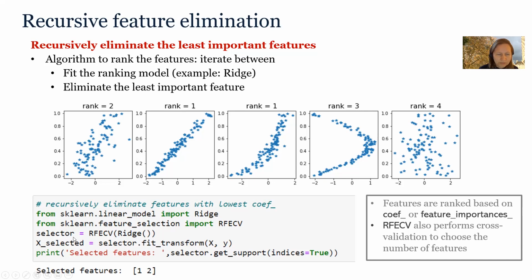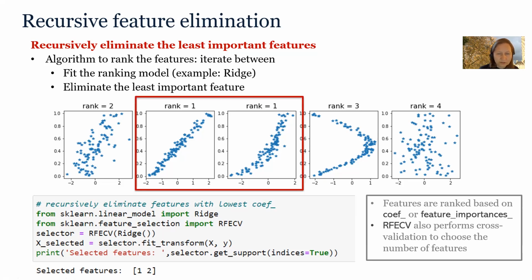So you see, if we define this RFECV selector with the model ridge, the selector will select these two features 1 and 2. So, of course, these are again close to linear features, and the reason for that is that we use ridge, that is a linear model, so it cannot deal with nonlinearities.